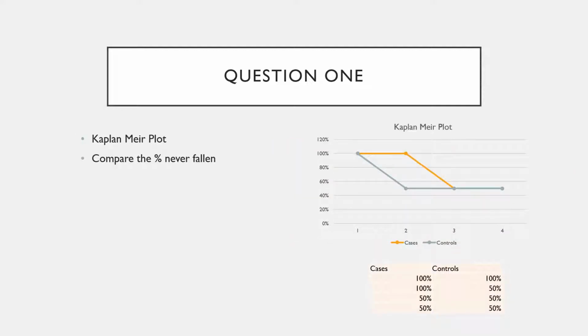And then finally, you conduct the actual plot on the chart. The way to conduct this is comparing the percentages of never fallen. You can enter this data in 2 columns in an Excel sheet and highlight the 2 columns, which show the cases and controls percentages.